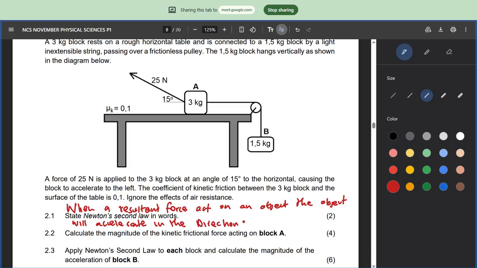Direction, in the direction of the net force.